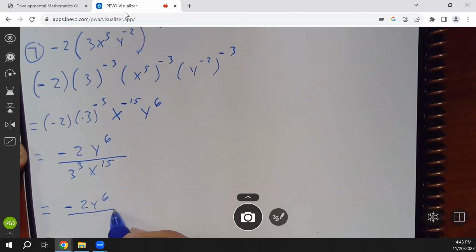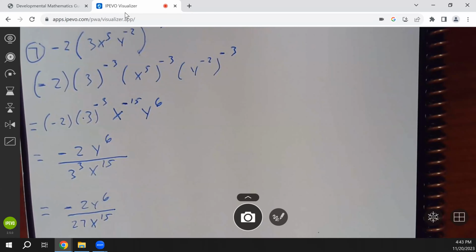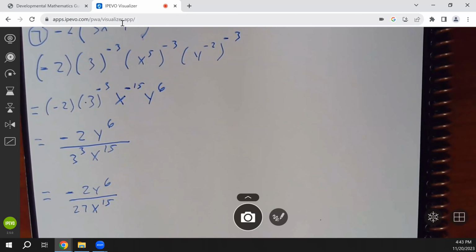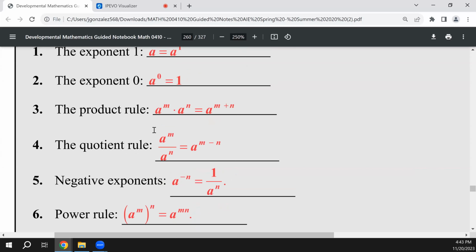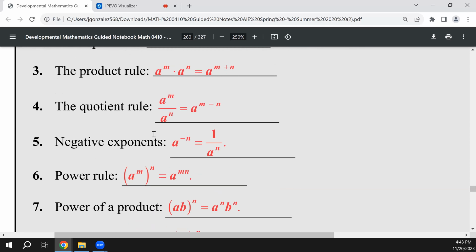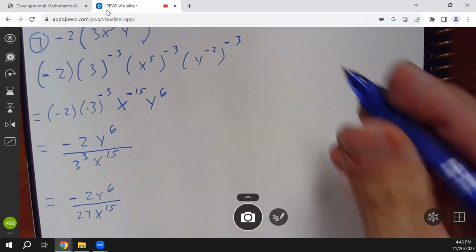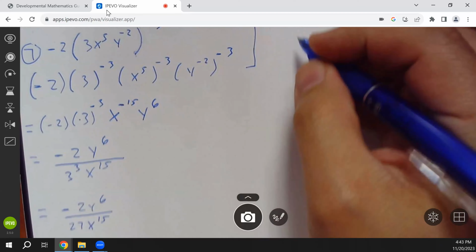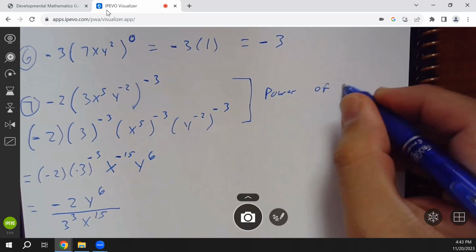Three, 7, right? Already here we did our product rule.